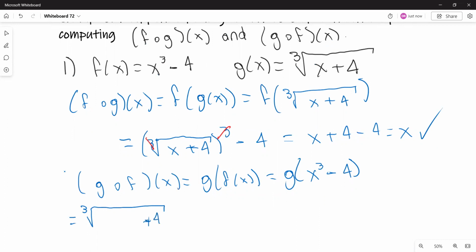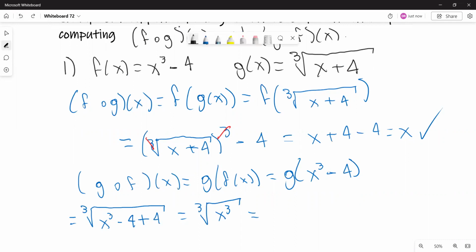So instead of X, we're going to substitute the whole thing, X cubed minus 4. So negative 4 plus 4 becomes 0. This is the cube root of X to the third power, and the cube root and the third power cancel out. So that is equal to X. So yes, F and G are inverses of each other.